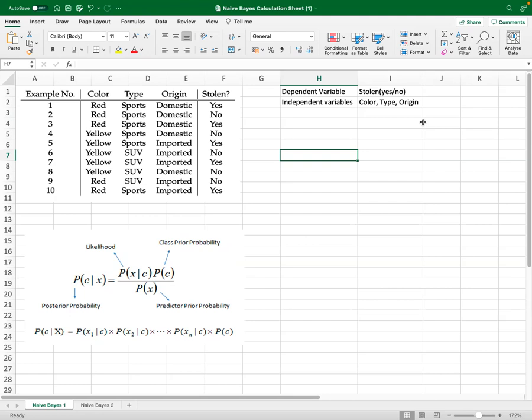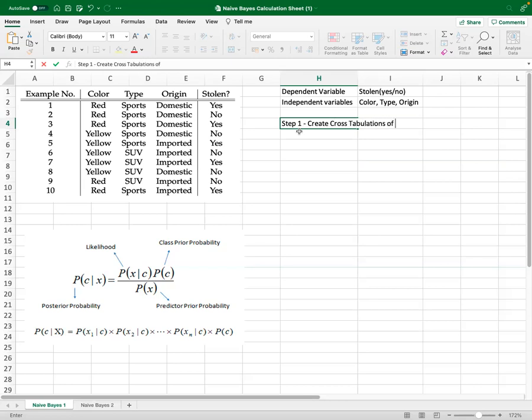All right. Now, what the algorithm will first do, step one, is create cross tabulations of dependent and independent variable.